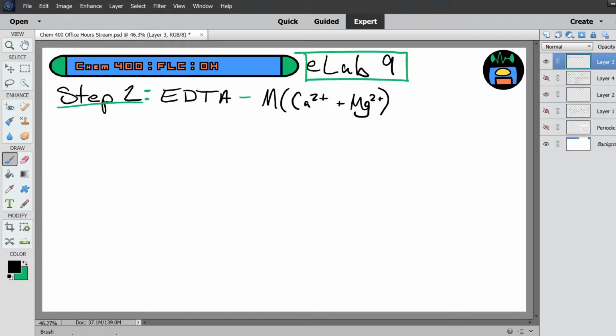To calculate the molarity of calcium together with magnesium, we need to know the total moles and the volume.